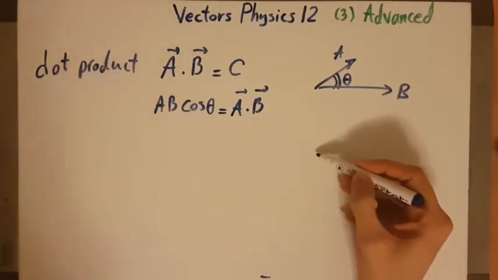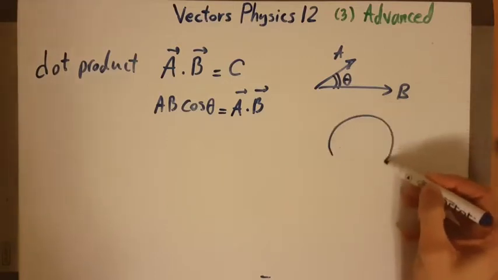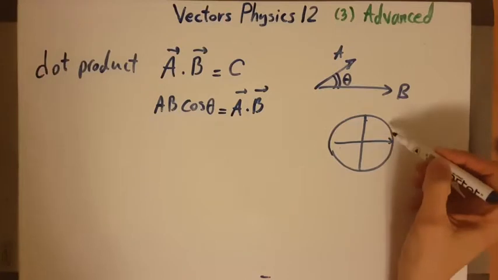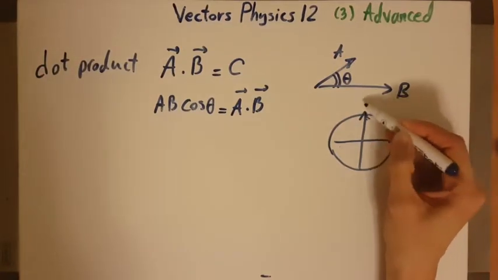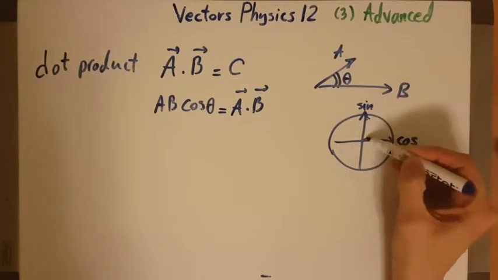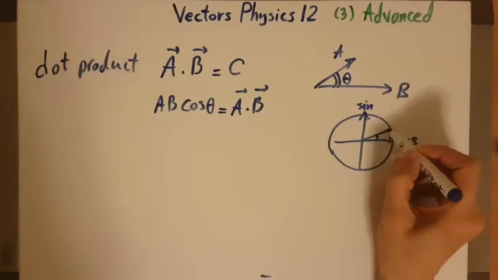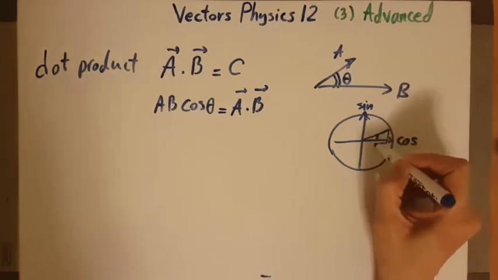You remember your unit circle, right? As you can see, this is cosine, and this is sine. If this is your angle, this would be the cosine of that angle.